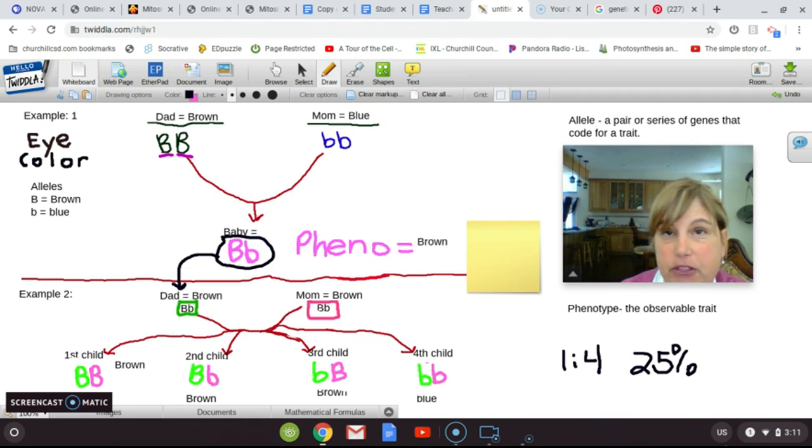They both had brown eyes, but they were carriers of recessive blue-eyed genes because they both had the little baby b.